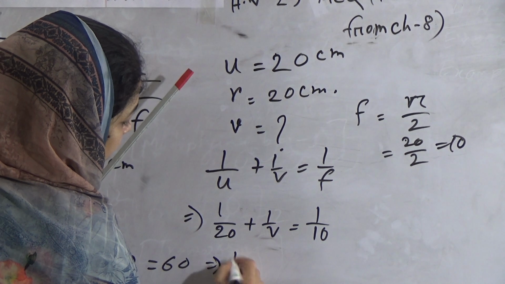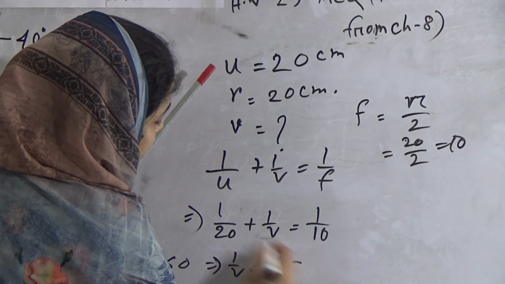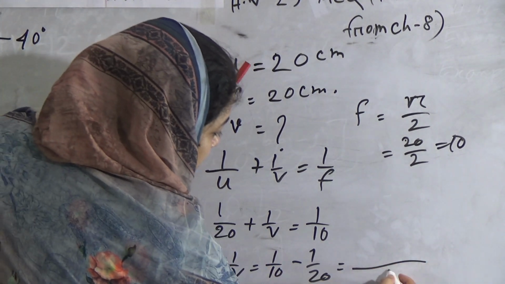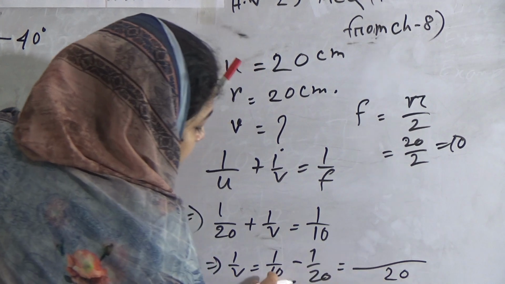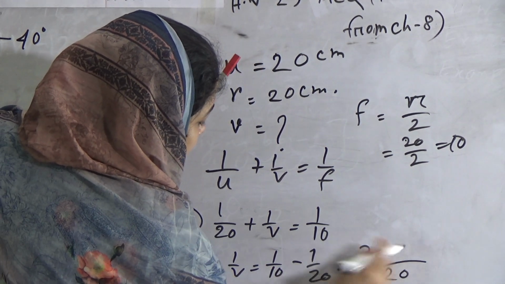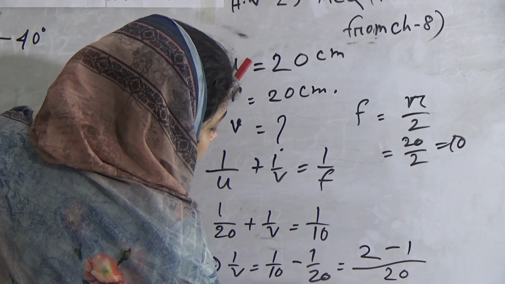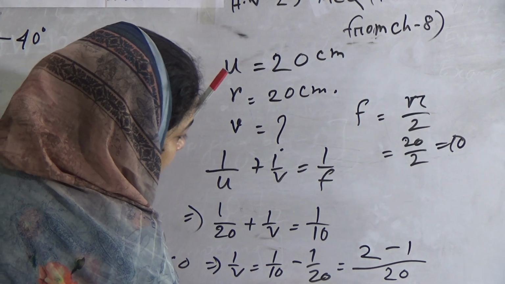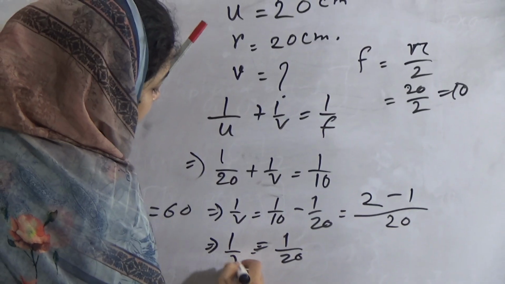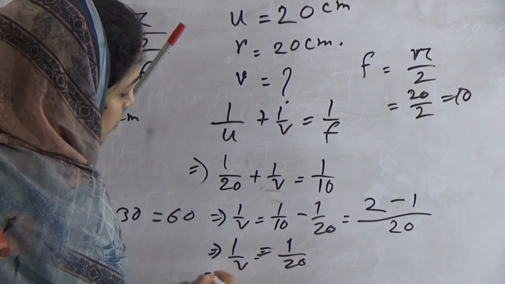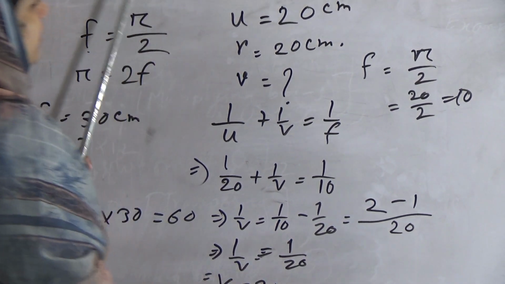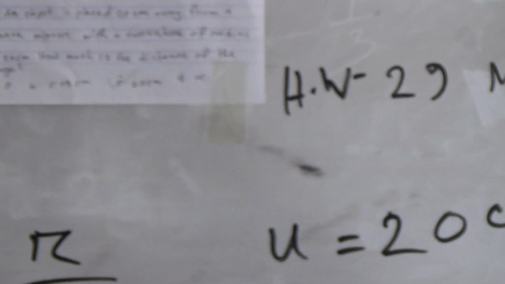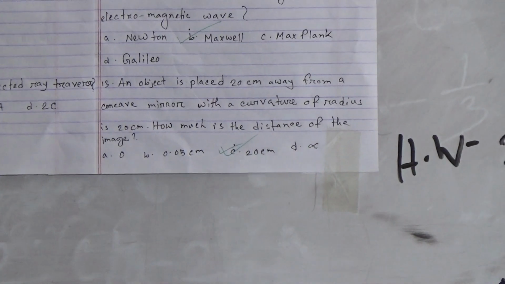So 1 divided by v equals 1 divided by 10 minus 1 divided by 20. Do the LCM now. The LCM of 10 and 20 is 20. So it will be 2 minus 1, that means 1 divided by 20. So 1 divided by v equals 1 divided by 20, so v will be 20 centimeter. The correct answer will be option C, 20 centimeter.